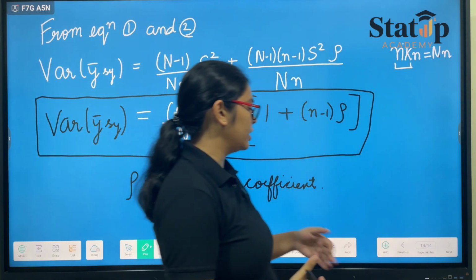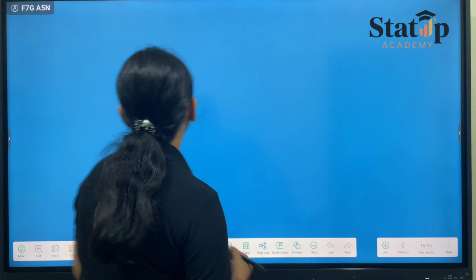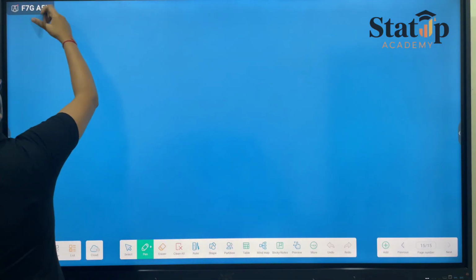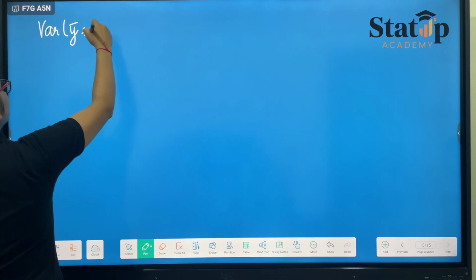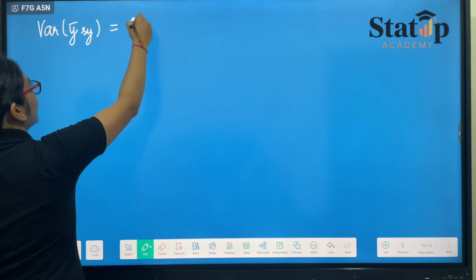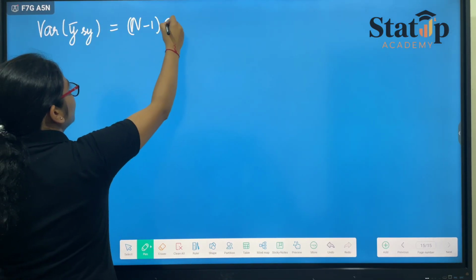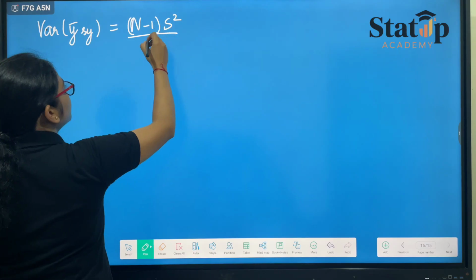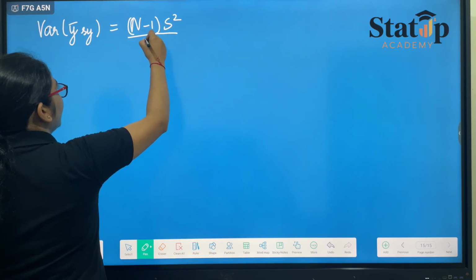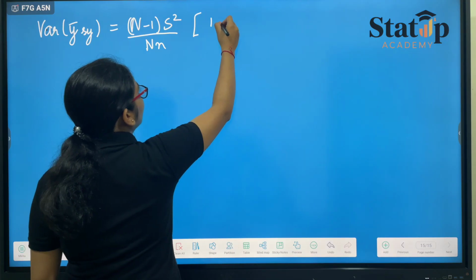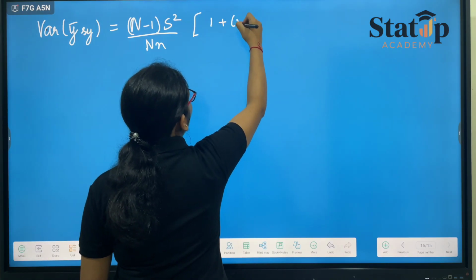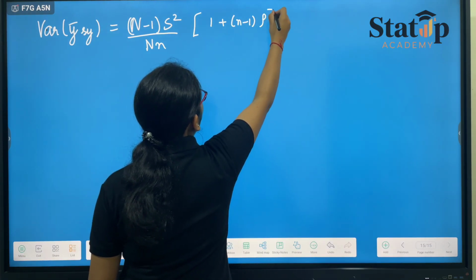Now, what are the effects of rho? So our formula is variance of y bar systematic is nothing but (N minus 1) into S square upon N, bracket 1 plus (n minus 1) into rho.